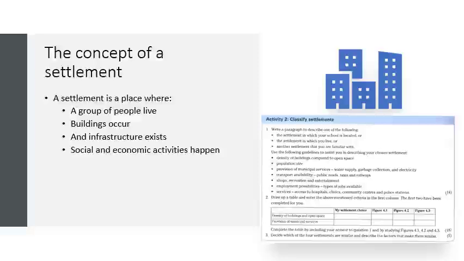You want to look at your settlement, so my settlement choice, that could be your school, that could be the area in which you live, or another area that you're familiar with. And then compare it to figure 4.1, 4.2, and 4.3 on the previous page. Okay? Decide which of the four settlements are similar and describe the factors that make them similar.